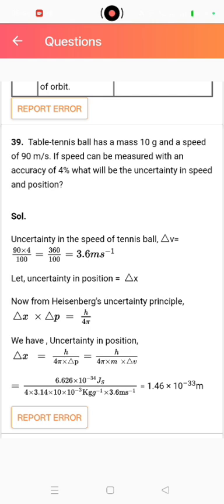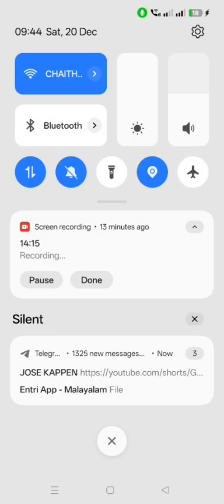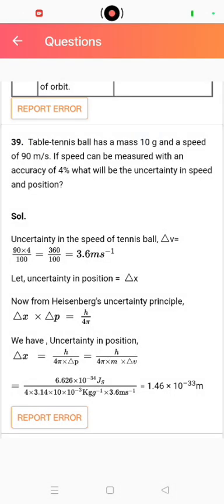To find delta v, we need to find the uncertainty in the speed of the tennis ball. It is given that the accuracy is 4%. So 4% of 90: 90 into 4 by 100, 3.6 meter per second. And in the uncertainty principle, position is considered as delta x. So we need to find the uncertainty in speed and the uncertainty in position.